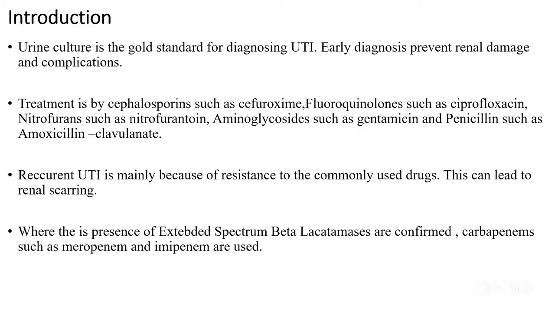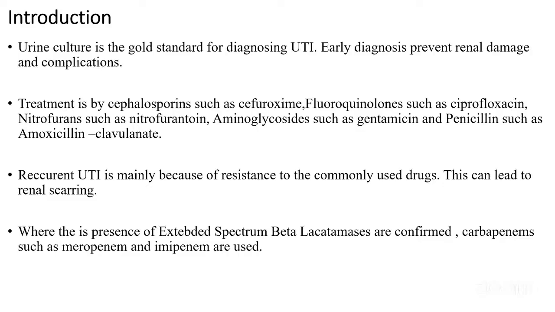One of the gold standards for diagnosing UTIs is culture. Performing culture early enough will prevent renal damage and complications related to UTI. Generally, they are treated using cephalosporins, second or third generation, and can also be treated using fluoroquinolones, aminoglycosides and penicillins.